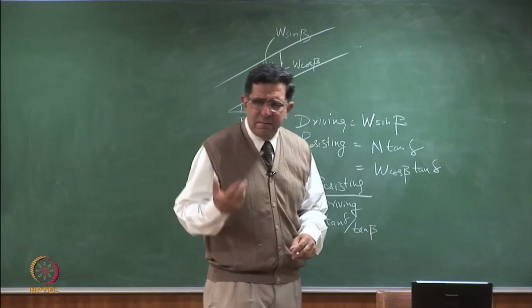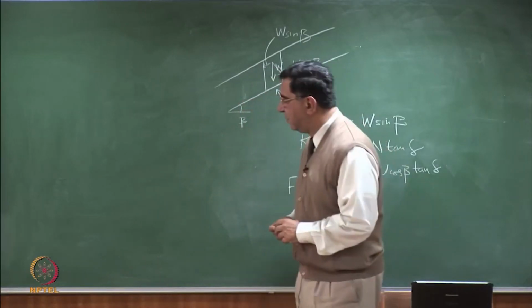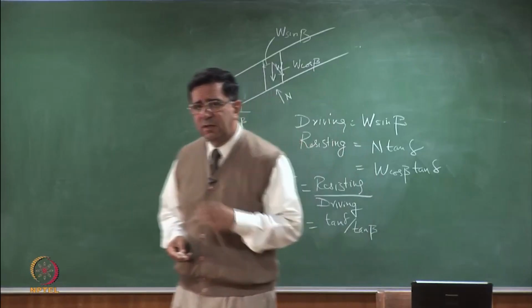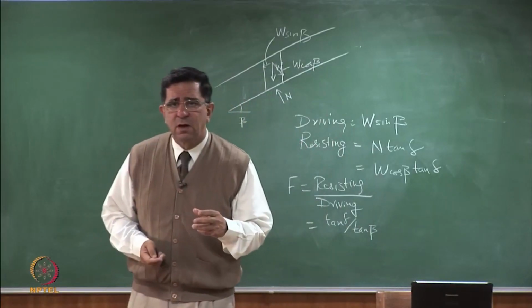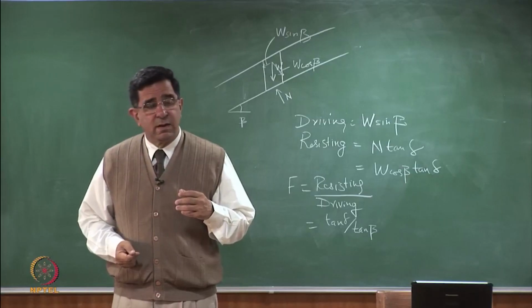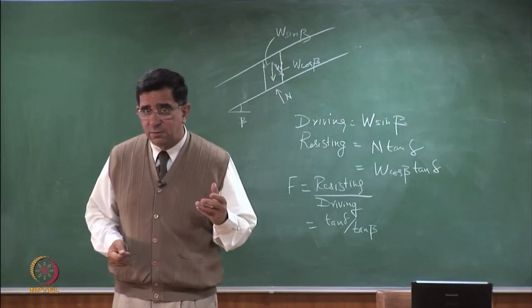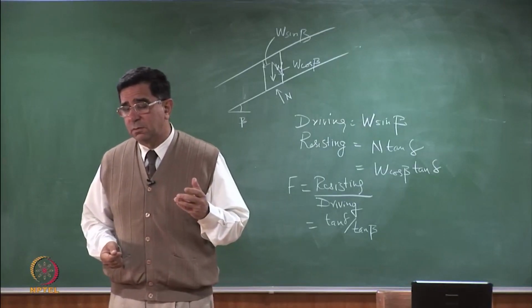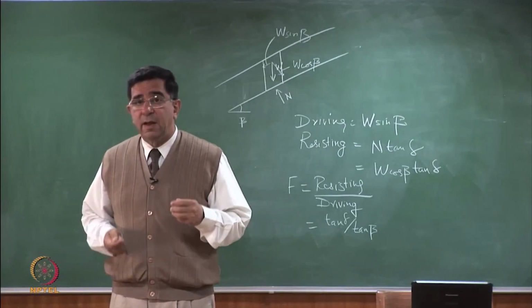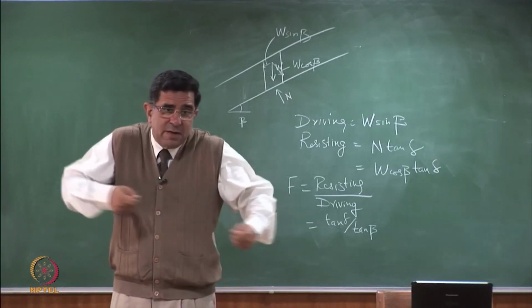So in its very simple elemental form, if the driving force is more than the resisting force, then it's going to fail. If the driving force is less than the resisting force, it is going to stay there. If there is a difference between the two, maybe the geomembrane can take some tension.